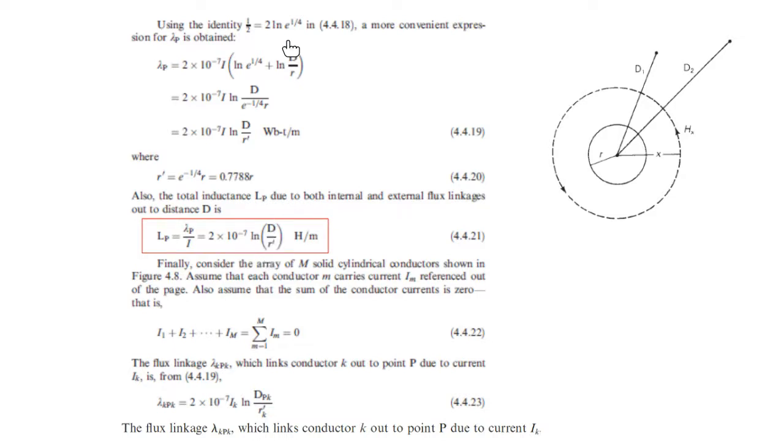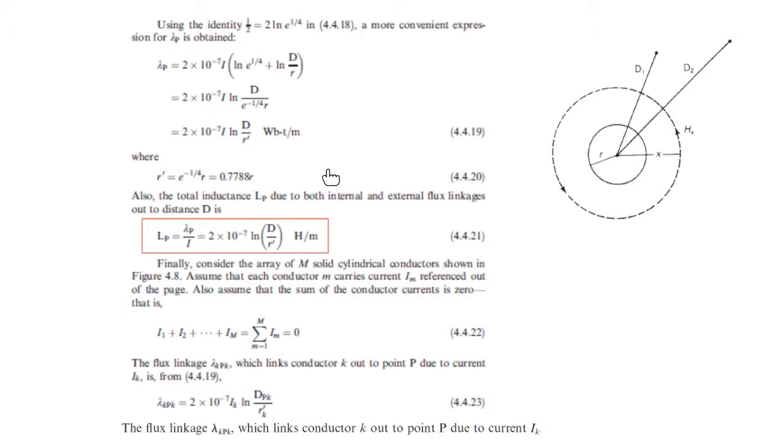R prime comes from this natural log 0.25. So therefore, here e to the power of negative 1 over 4. This will give you R prime, 0.7788 times the radius, so it's smaller than the radius.